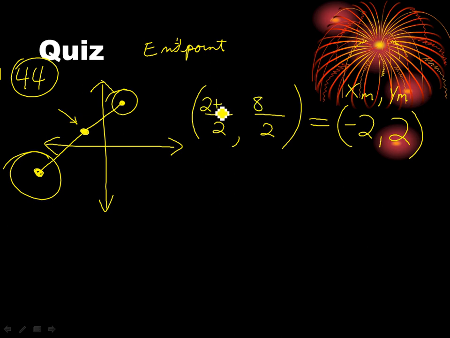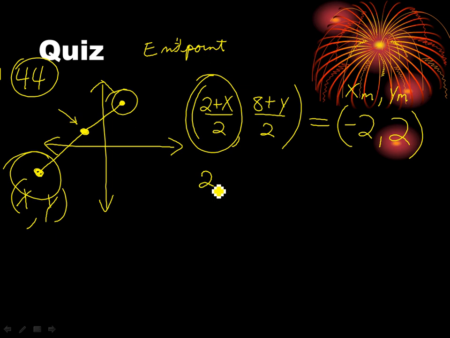Do we know the other x coordinate? Do we know this x coordinate down here? So what do you put in place of something when you don't know it? A y. So that's what the formula looks like. Now what we've got to do is say this part right here, 2 plus x divided by 2, should equal what?